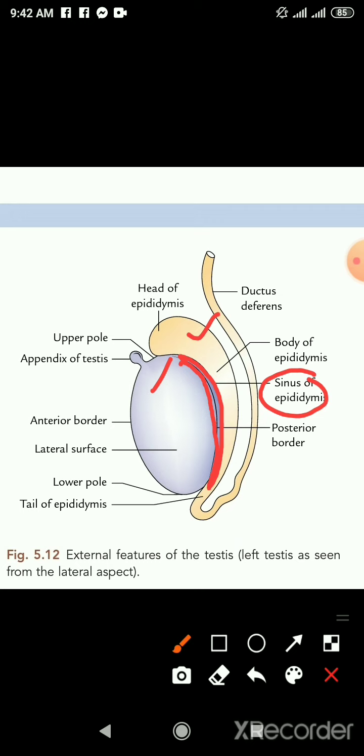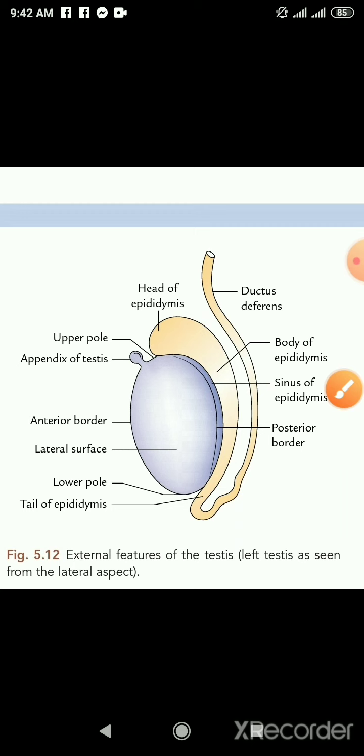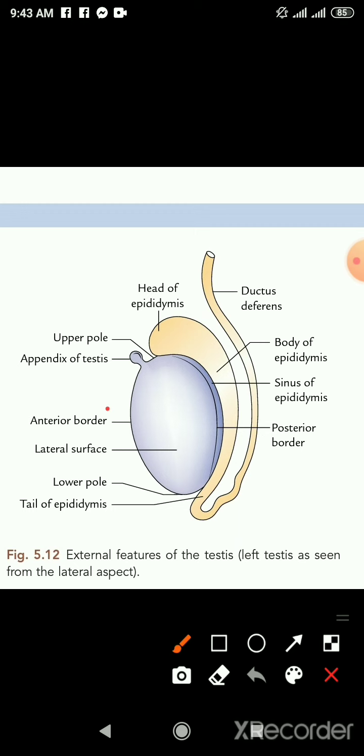So let's see how to determine the side of a testis. I told you that the anterior border is free. It will be present anteriorly, and the posterior border is attached to the epididymis. So as this is attached to the epididymis, this will be posterior border and this will be the anterior border.